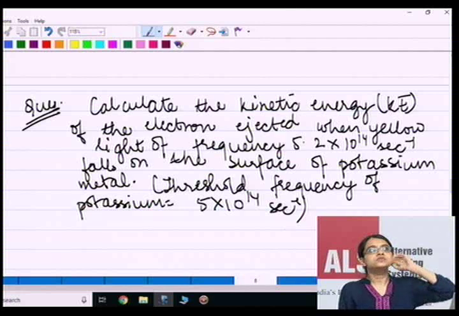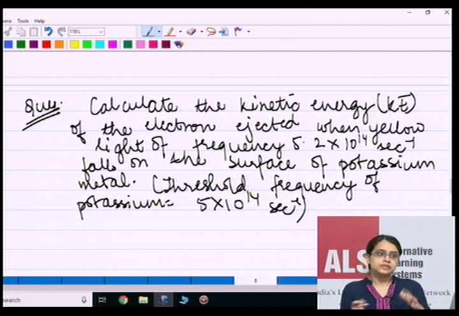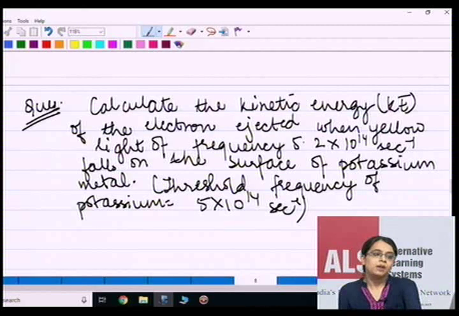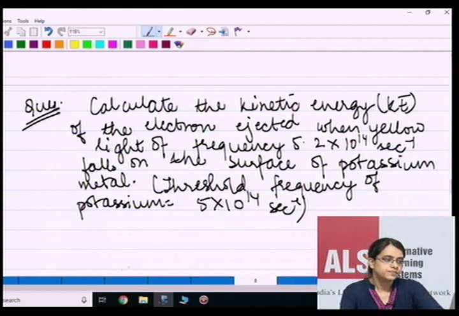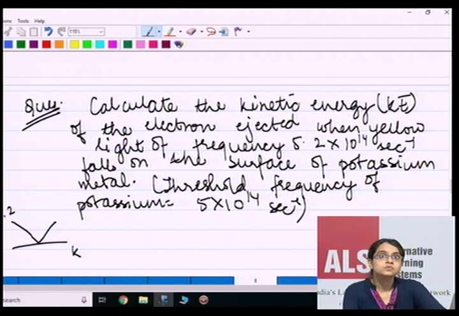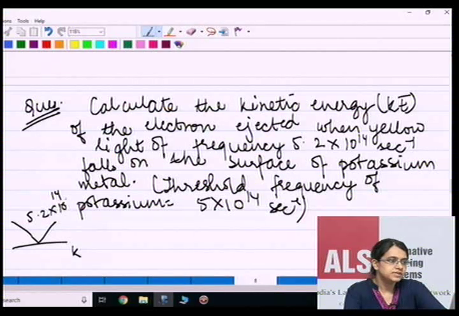Okay, so you're supposed to find out the kinetic energy of the electron which is emitted. So what is happening? You have your potassium metal here, then a light of frequency 5.2 into 10 to the power 14 is falling on it.